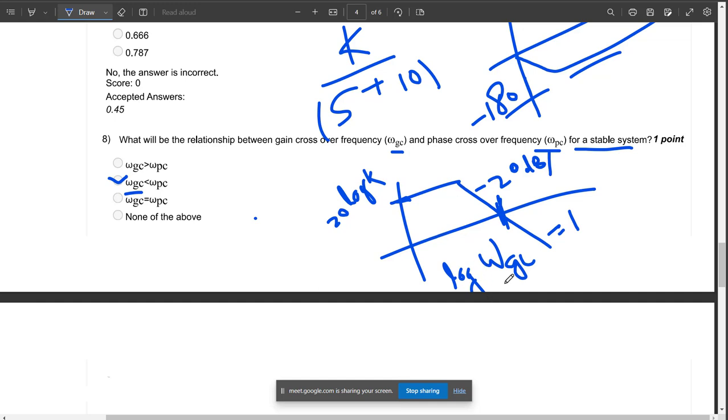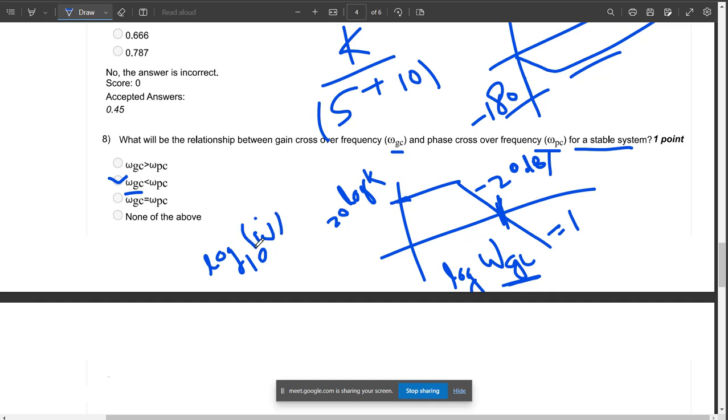So log omega gc here, and this is also in log terms. Per decade means how much? 10, right? So per decade basically means per that variable which has a log of base 10. Okay, so log base 10 of omega.